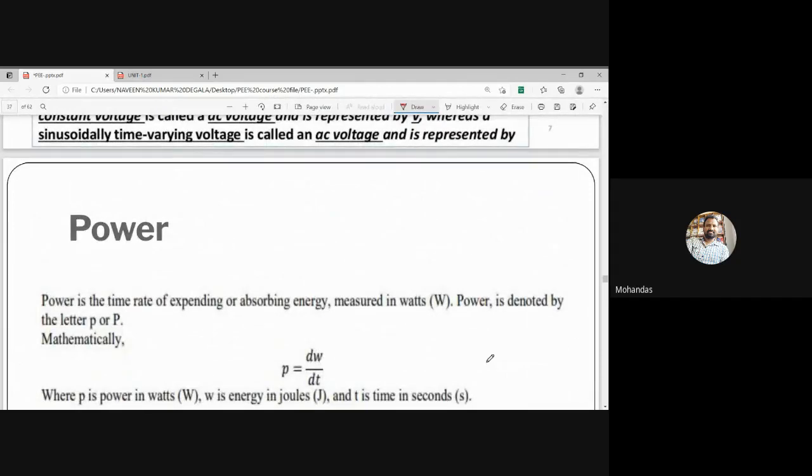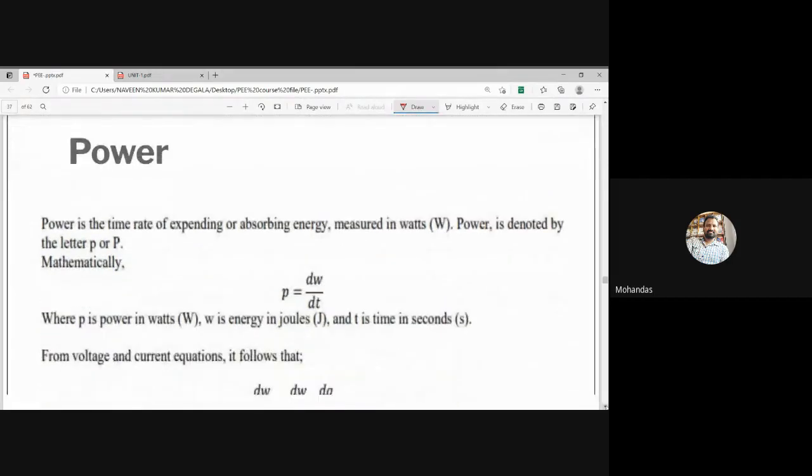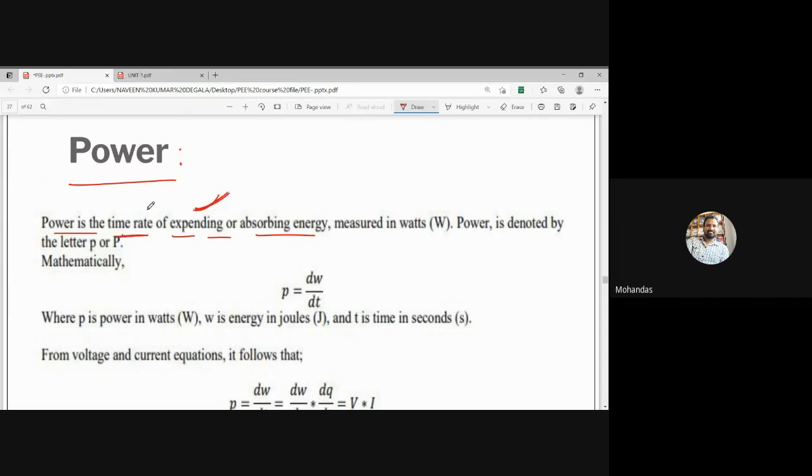Okay. Now let us see what is the power. Another definition here. Power is the time rate of expending or absorbing energy. What is this? Time rate of expending energy. Time rate means d by dt. Energy is represented by work done or energy, W. So if you take a differential value, you have to take dW.